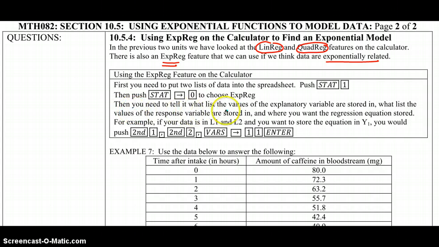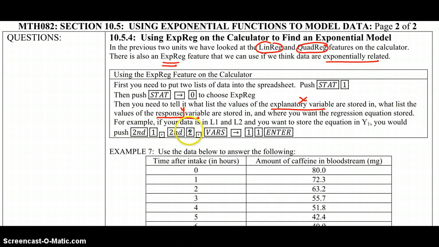Then you need to tell it what list the values of the explanatory variable are stored in, like possibly L1, what list the values of the response variable are stored in, so this is like your typical X and Y, and then where you want the regression equation stored so we can view its graph and use it to predict some values with.